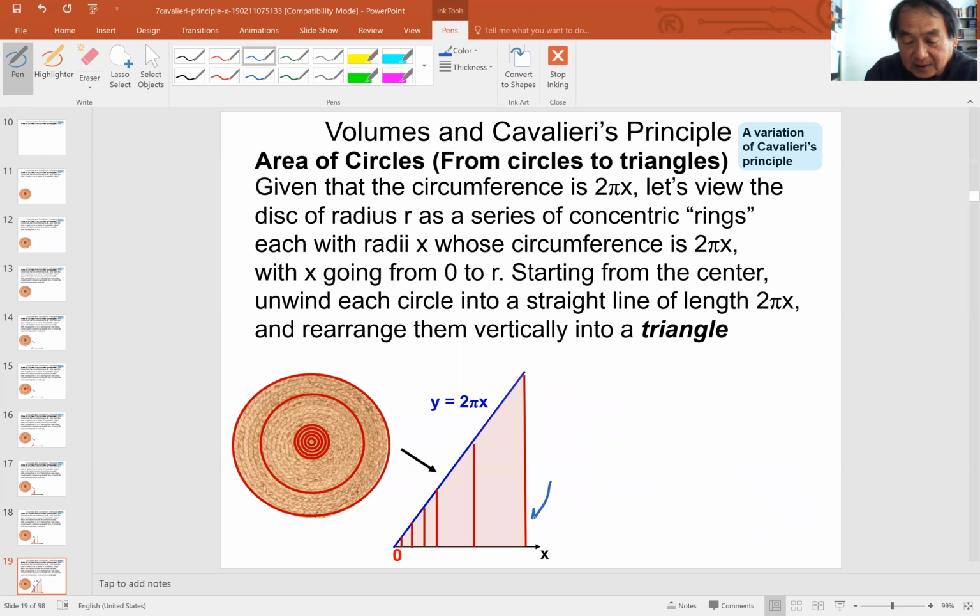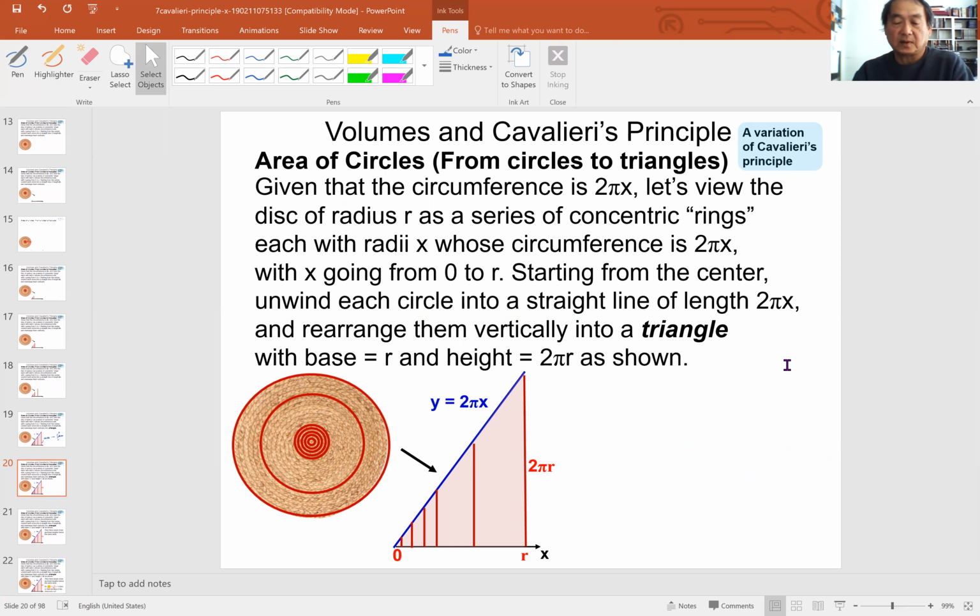Each one of these thin areas is 2 pi x delta x. Then I add them together, and that turns into the integral of 2 pi x dx from 0 to r.